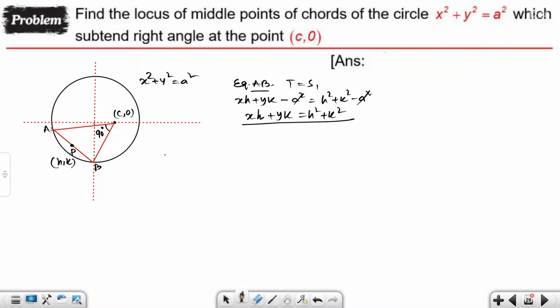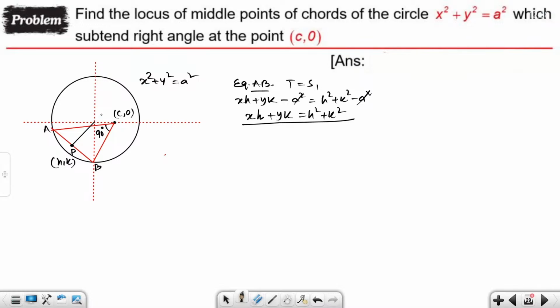Okay. Now, let me do one thing. From the center, if I join this line, it will definitely be perpendicular to it. Yes or no? Because what I am actually thinking about is finding out a relation between H, K and constants. Okay, so this angle is 90 degrees.